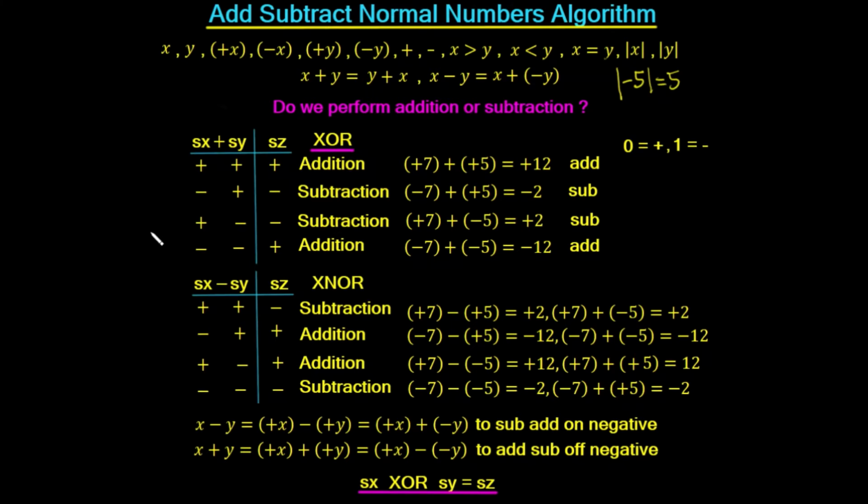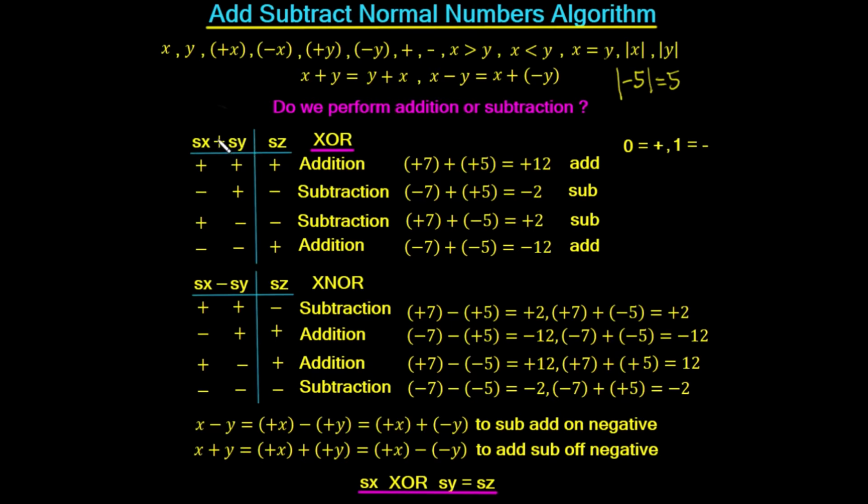So we want to have a look at all of the possible combinations of adding and subtracting positive and negative numbers. So we know that the x can have a positive or a negative value, so that's two values for the x. We know that the y can have positive and negative values, so that's two values for the y. So it means that we can draw out a little truth table. So let's say, for example, we want to add the values of x and y. Now Sx just stands for the sign of x and Sy stands for the sign of y.